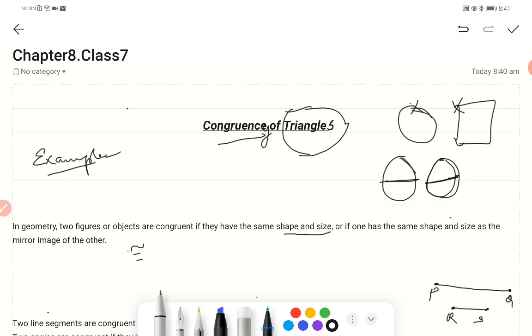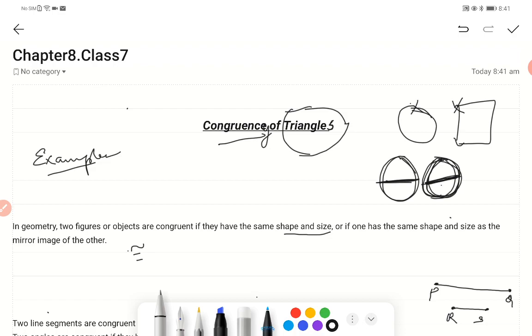If the diameters of both circles are the same, then you will say they are congruent. That means the shape is the same and the size, that is the diameter, is the same.